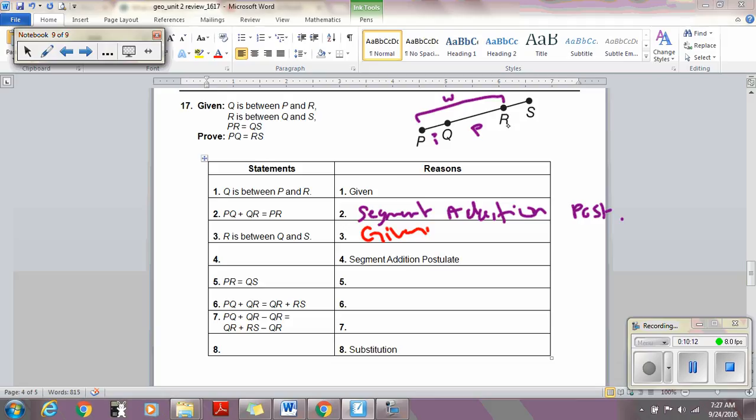So that means the whole would be QS, and QR is still part of this whole. RS is another part. So we would say QR plus RS equals QS.